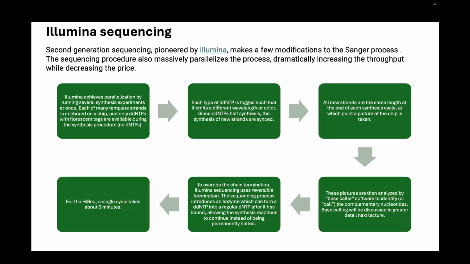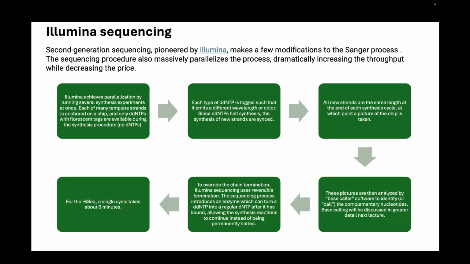The major advantage of Illumina is parallelization. You can synthesize multiple strands at one point of time. Illumina achieves this parallelization by running several synthesis experiments at once. As I was talking about sequencing by synthesis, what Illumina does is parallelize the sequencing by synthesis.